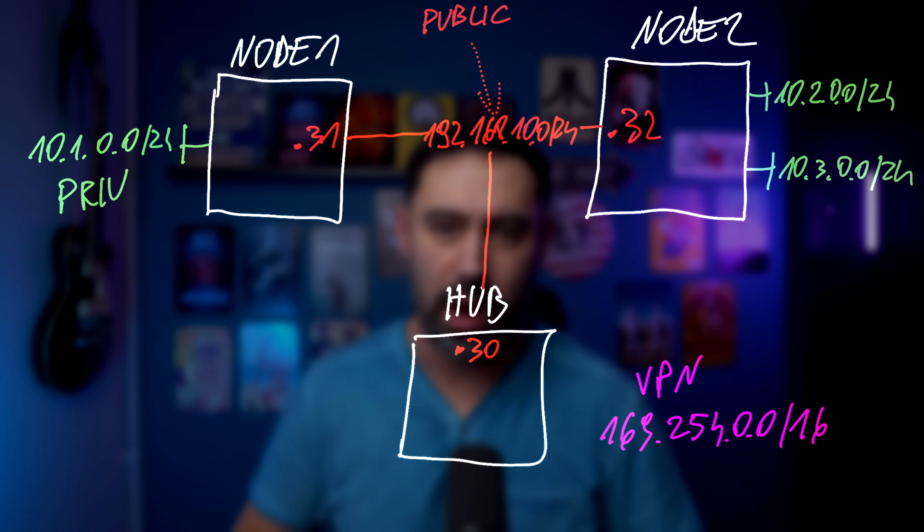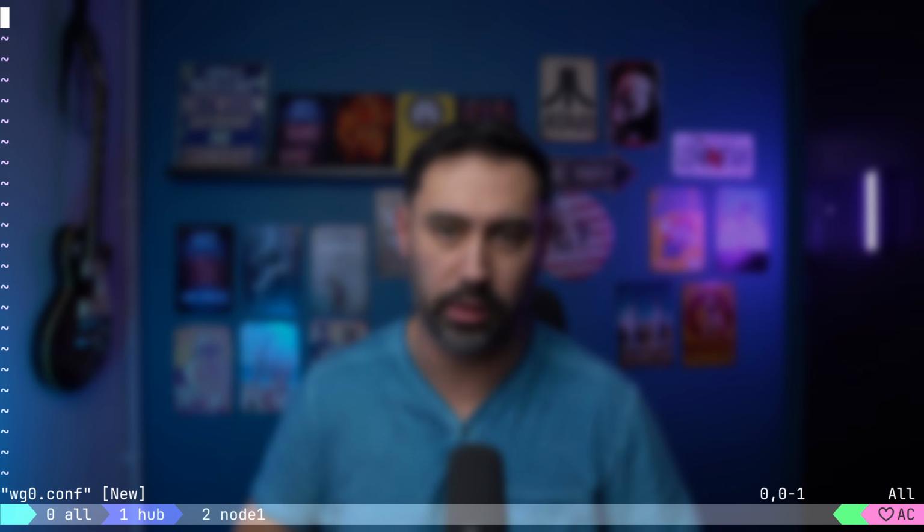Next, we need to configure our VPN interfaces. First, we'll set up the wg0 interface on the hub. That will be the interface pointing towards node 1. I will name the file wg0.conf as that will be the VPN interface name on our node. We'll start with the interface section that specifies configuration values for our VPN interface.